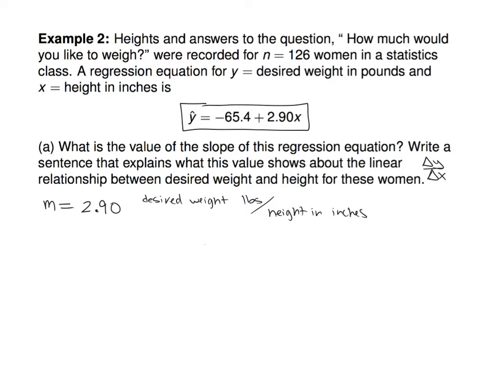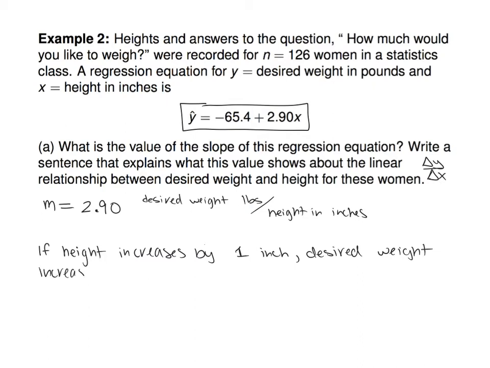So think about that as 2.9 over 1. So if height, that's x, increases by 1 inch, desired weight increases by 2.9 pounds.